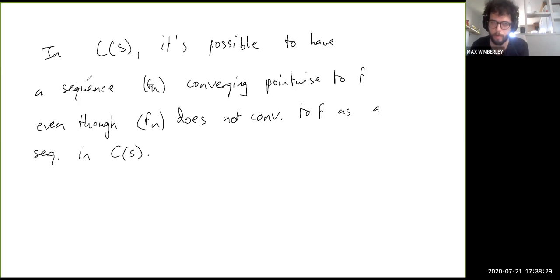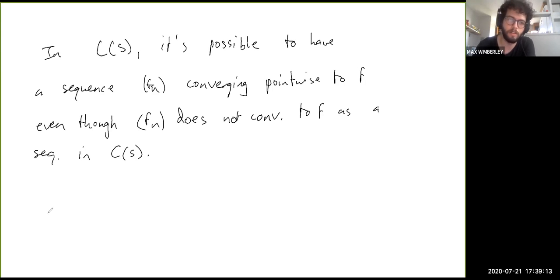So it's possible to come up with a space of functions and a metric such that a sequence of functions converges to a function pointwise, but under the metric space definition of convergence, this sequence does not converge to this function or to any function. And that was why I threw out the point 0.